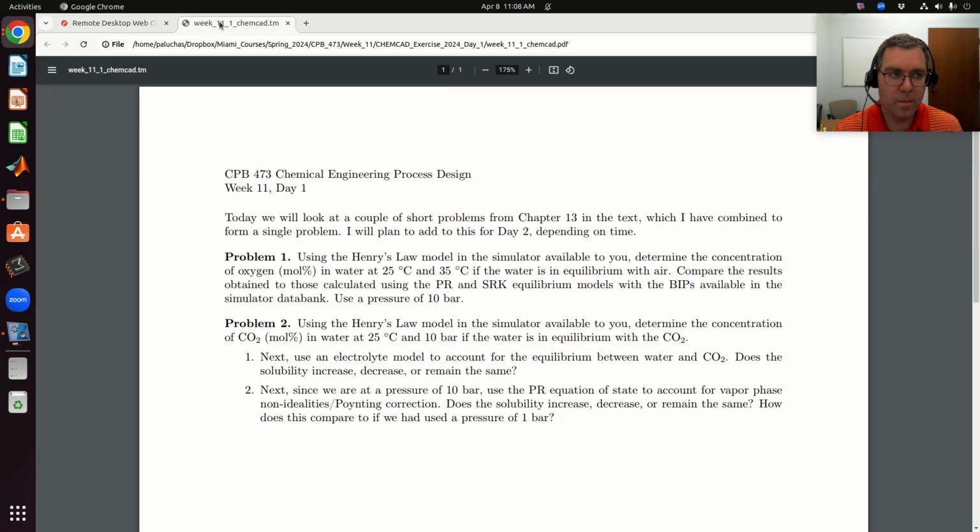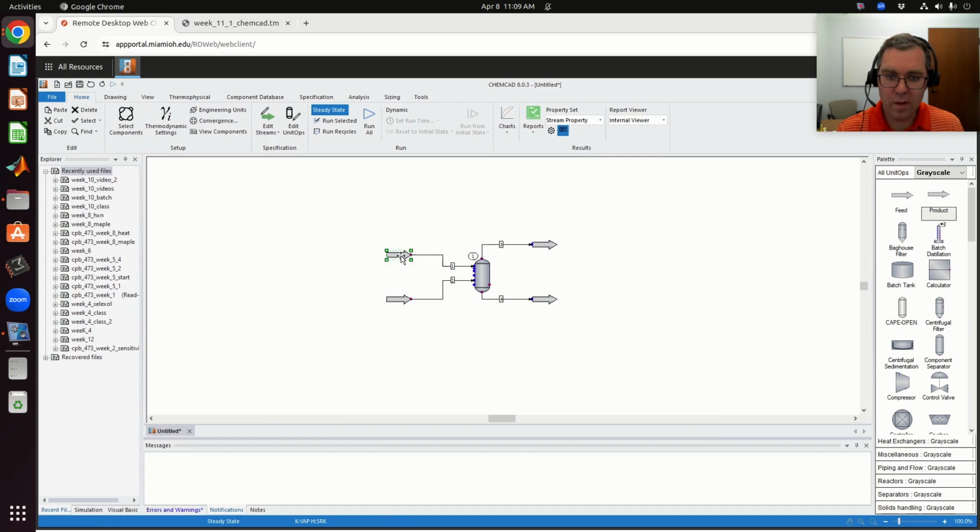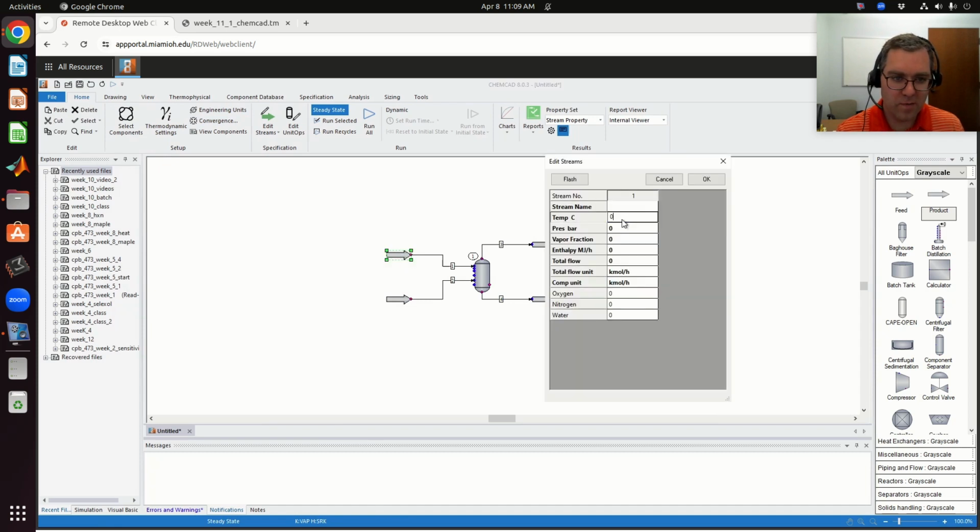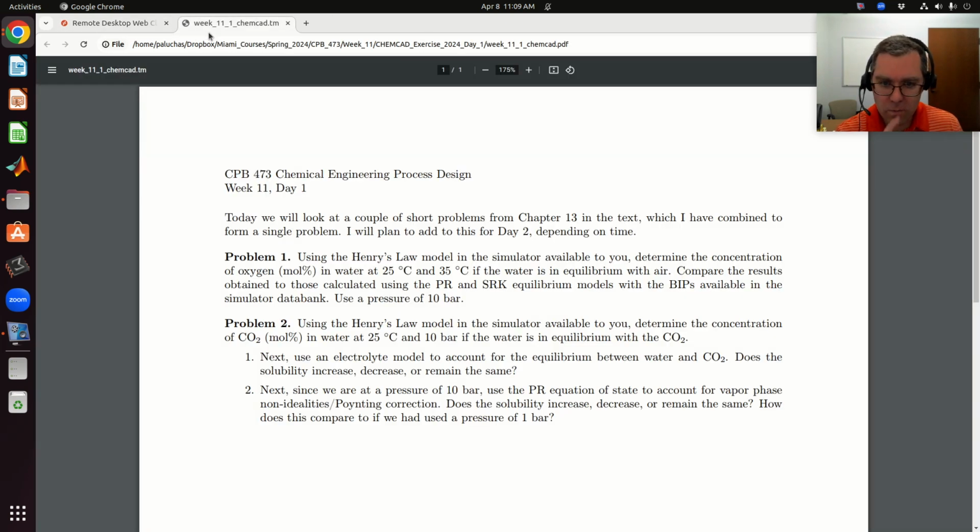All right, so we're not given anything in terms of flow rates. What we're trying to calculate is just the mole fraction of oxygen at equilibrium in water. So I'll just specify something, and we're at 25 degrees C and 10 bar.